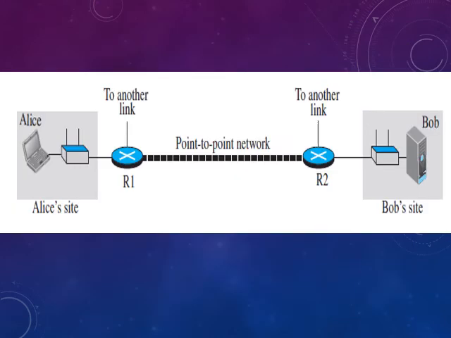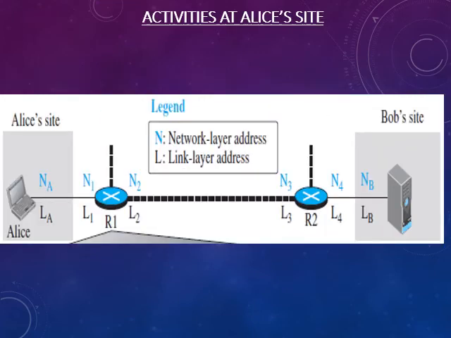Let us assume Alice needs to send a datagram to Bob. The network layer is given NA, which is the source network address, and NB, which is the destination network address, and the packet, but it needs to find out the link layer address of the next node. The network layer consults its routing table and tries to find out which router is next for the destination NB.